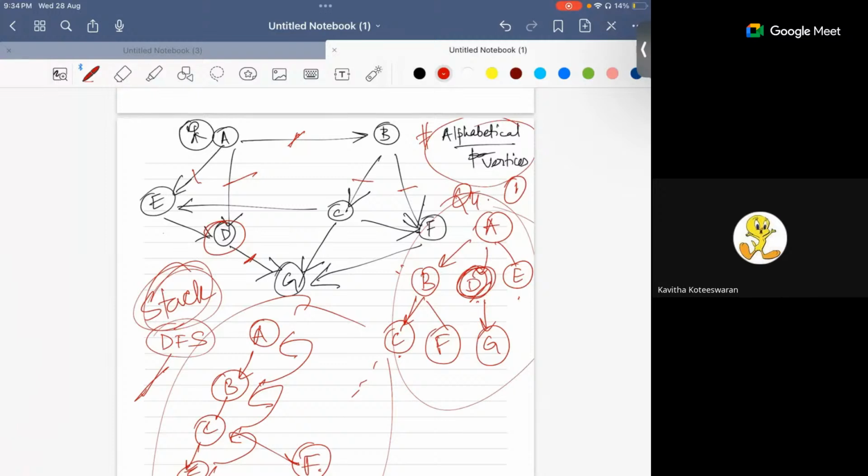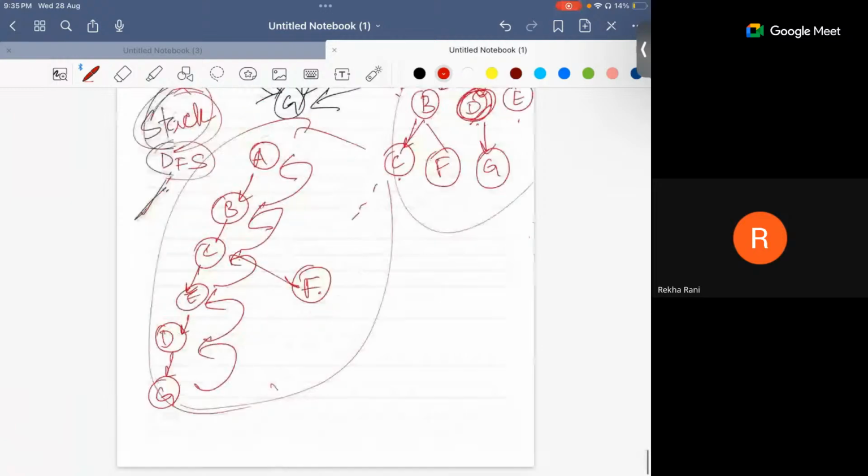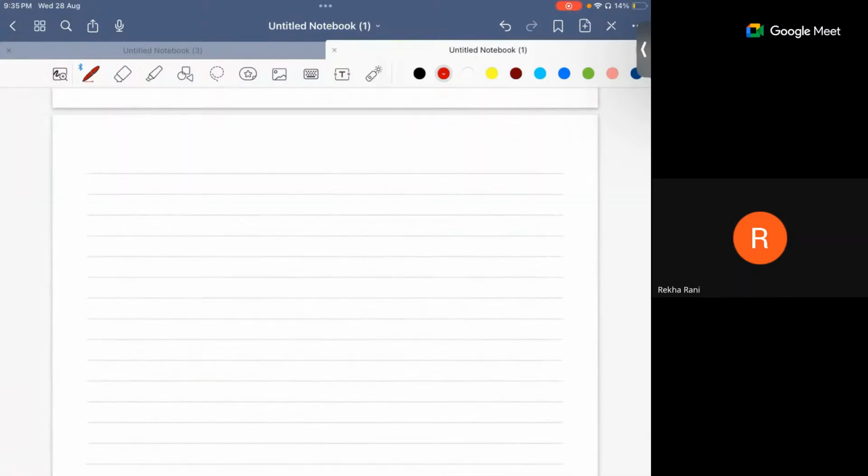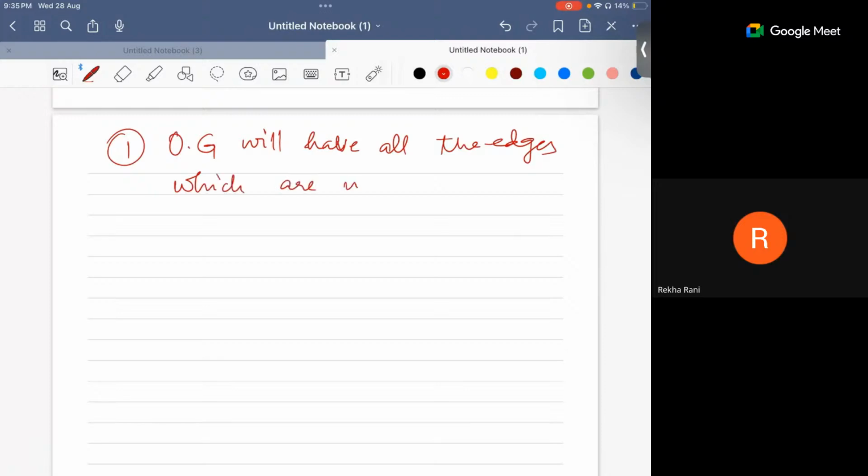Can I move to the other part? Yes. Okay. So some features are there for BFS. The first thing is, the original graph that you have made will have all the edges which are in your BFS tree.